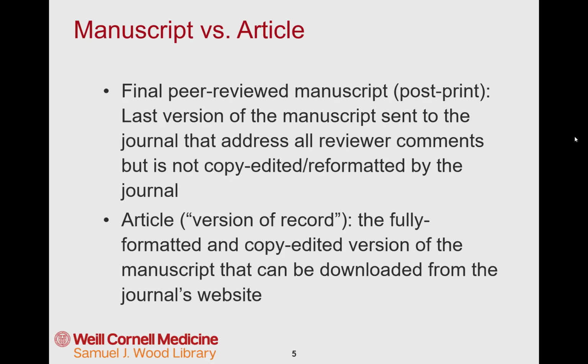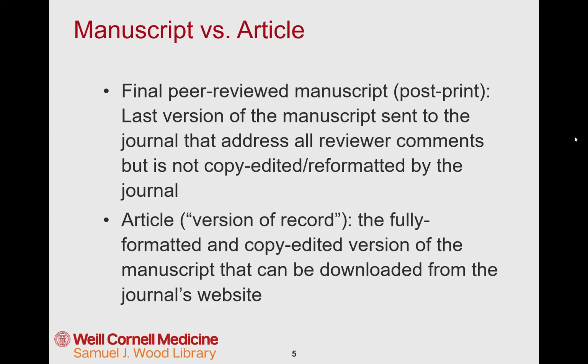When you talk about journal articles, that's typically the version that people are thinking about. So we'll shorthand these to manuscript and article. When we're talking about manuscript, we mean that final peer-reviewed manuscript. When we're talking about article, that's the article that you get from the journal. Now the policy mandates the manuscript at minimum.